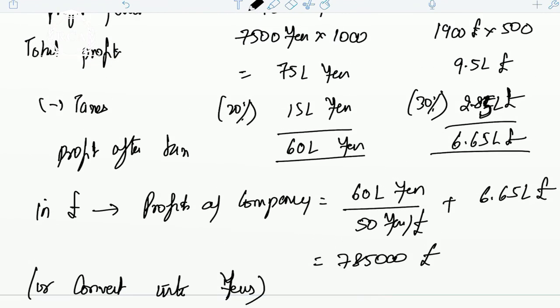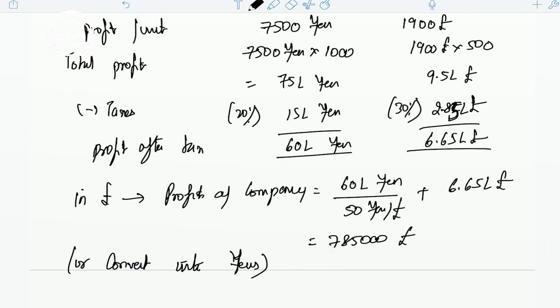Yes, Beta, please pause the screen and copy this as well, guys. All of you, pause the screen and copy this. Okay? Yes sir, done.